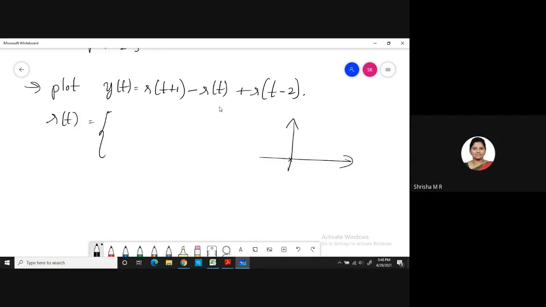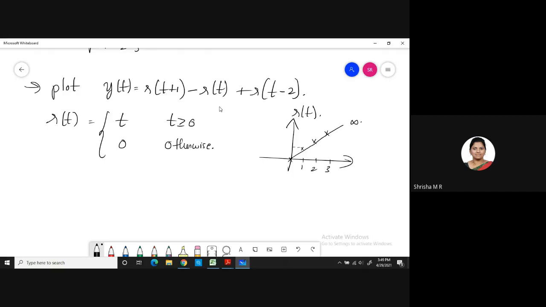At 0 it is 0, at 1 the amplitude is 1, at 2 the amplitude is 2, at 3 the amplitude is 3, so it goes on up to infinity. This is R of t. What is the definition of R of t? It is t for t greater than or equal to 0, it is 0 otherwise. Okay, this is the ramp signal.